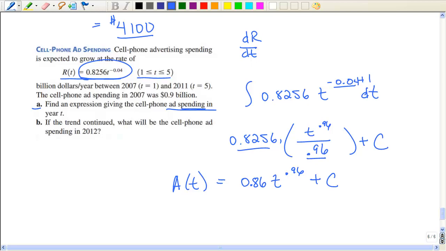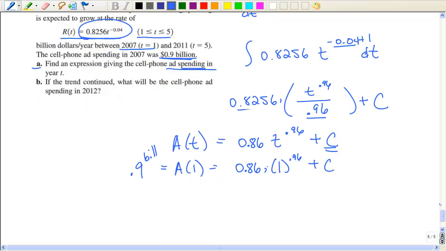Alright, now notice in year 1, which was 2007, I spent 0.9 billion. So I've got to solve for that constant. When t is 1, I've spent 0.9 billion. So A of 1, what's t? t is 1, so I'd have 1 to the 0.96 power plus c, but what does that equal to? 0.9 billion.